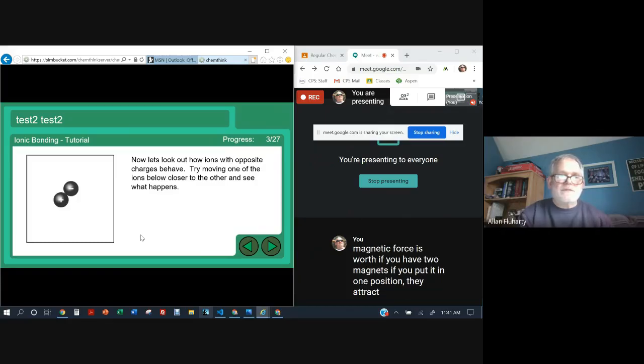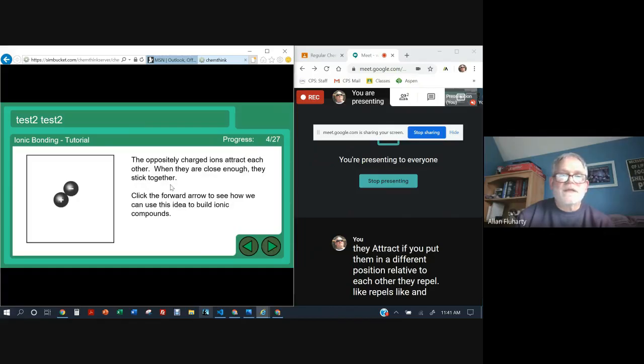If you put them in a different position relative to each other, they repel. Like repels like, and opposites attract. Okay, the oppositely charged ions attract each other. When they are close enough, they even stick together.